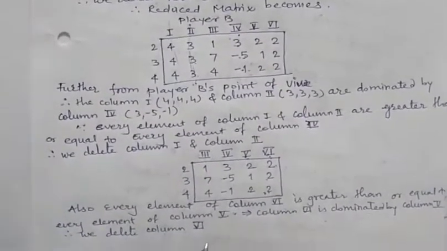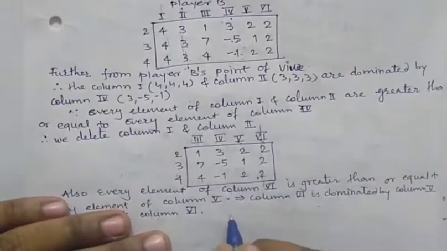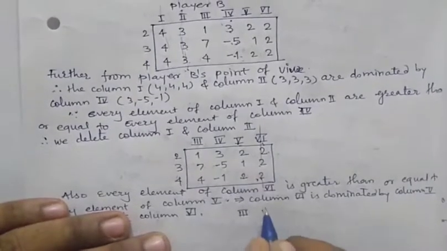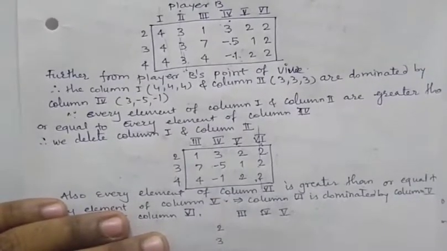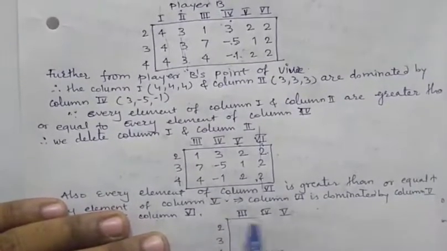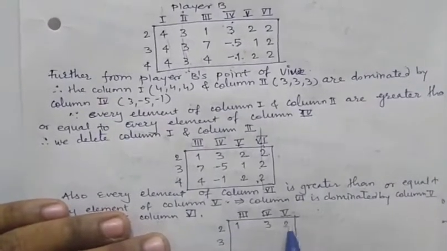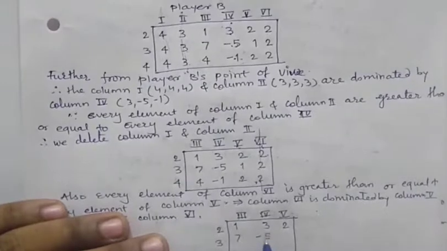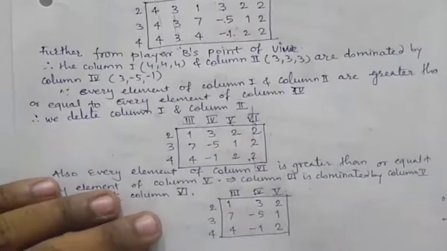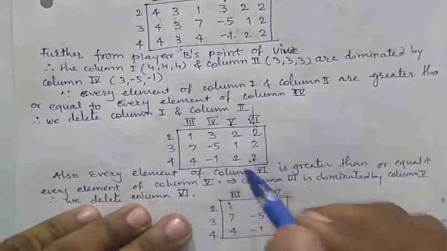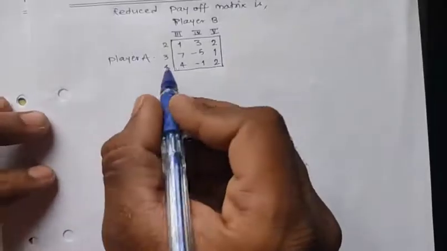Therefore the reduced matrix becomes, so we delete the last column, so here we get 3 4 5, and here we get 2 3 4. So here we get 1 3 2, 7 minus 5 1, 4 minus 1 and 2. Okay, we have deleted the last column, so we get the remaining matrix. So this is a 3 by 3 matrix. This is the reduced payoff matrix.